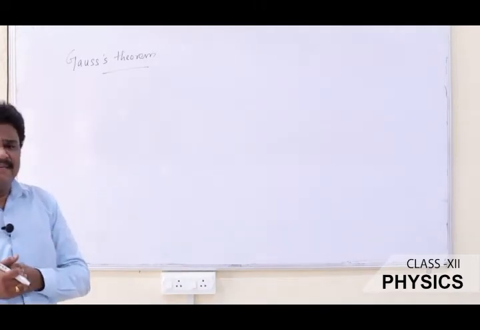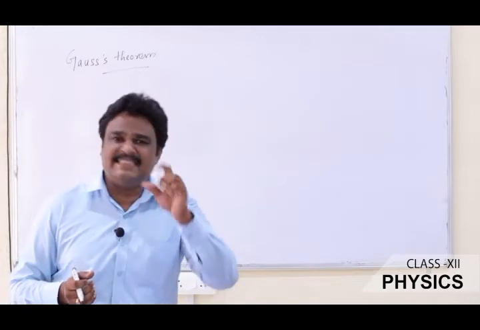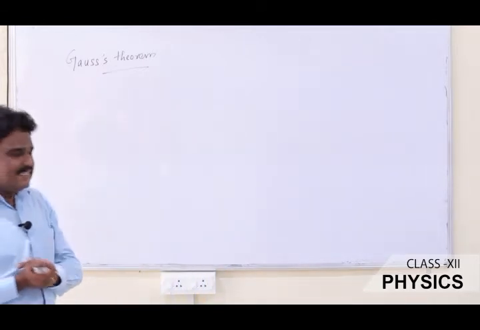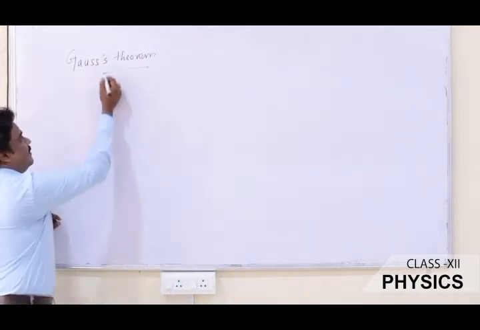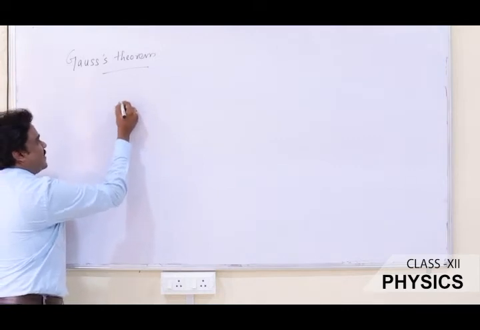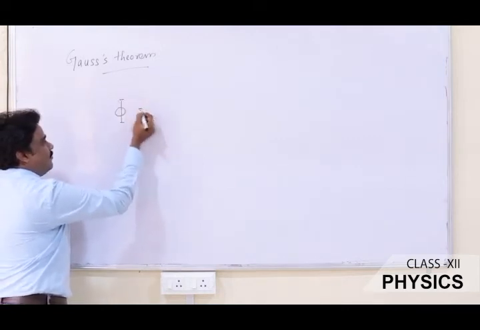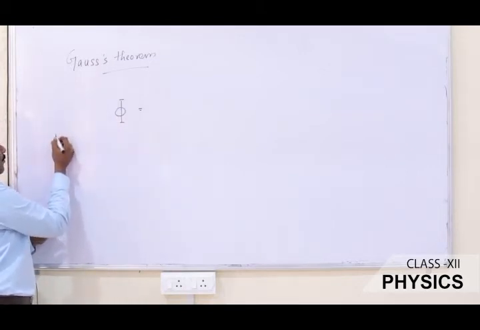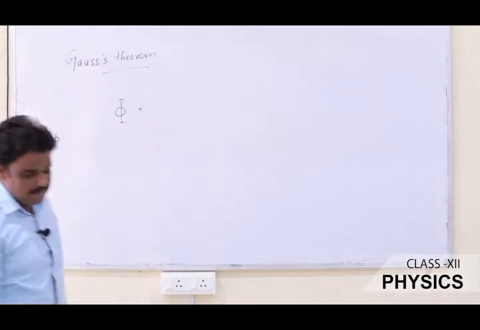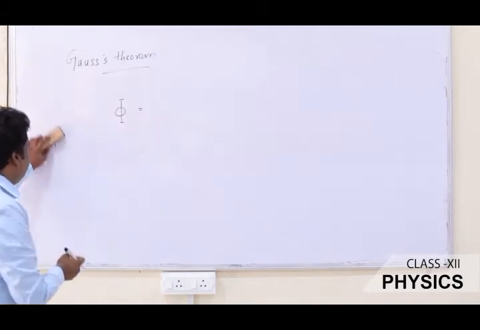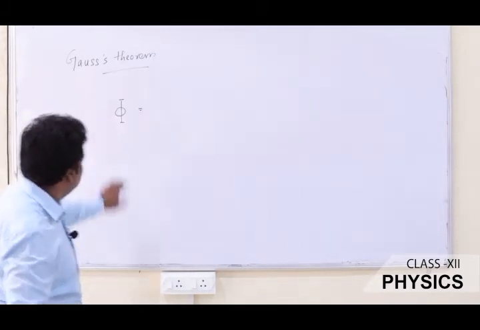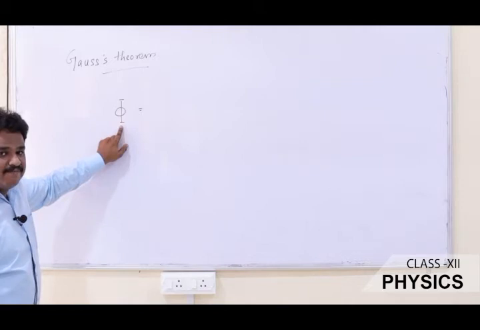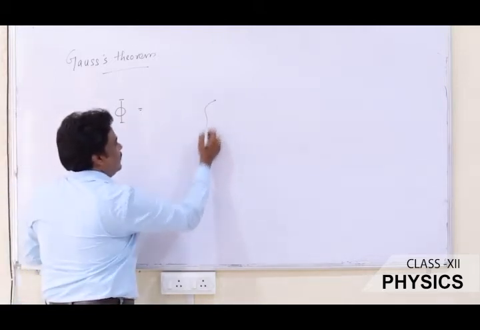As it is a theorem, obviously it has a statement. So I am going to explain what Gauss states. You know, electric flux for a closed surface is denoted by this symbol. If it is an open surface, I am going to use this symbol. So Gauss theorem is applicable only for closed surfaces. So what about the total electric flux linked with a closed surface?